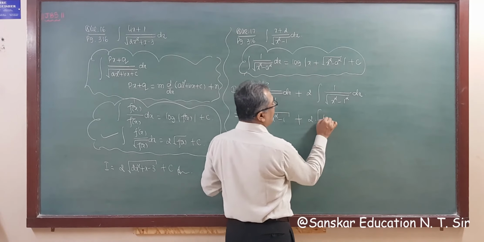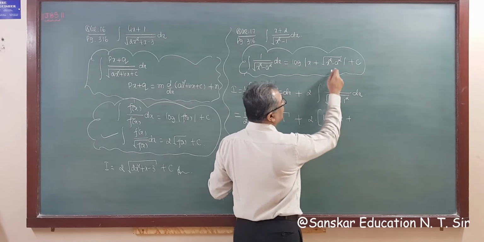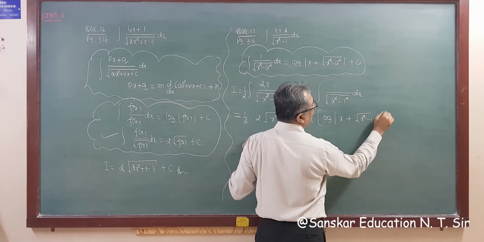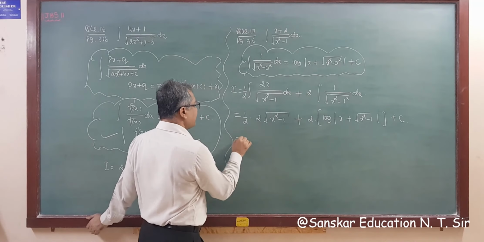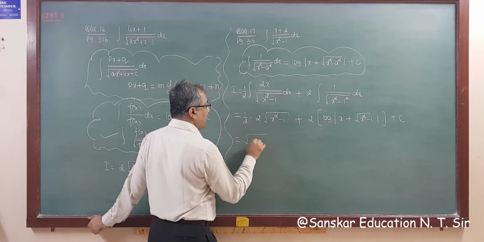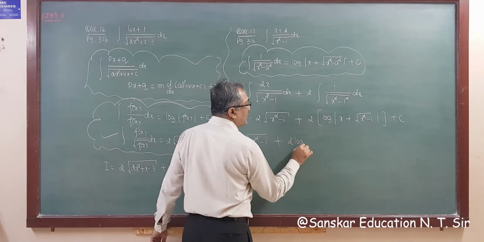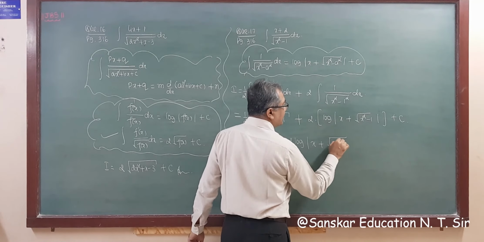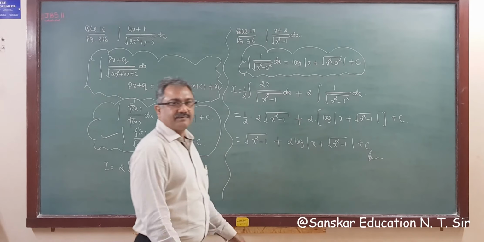So the answer will be log mod of x plus, as it is, root of x square minus 1, modulus, plus c. So the answer of this will be under root x square minus 1 plus 2 times log modulus of x plus square root of x square minus 1, plus c. This is your answer, right?